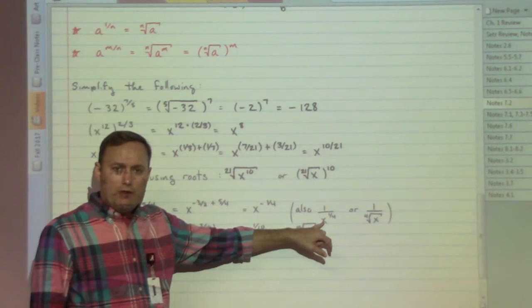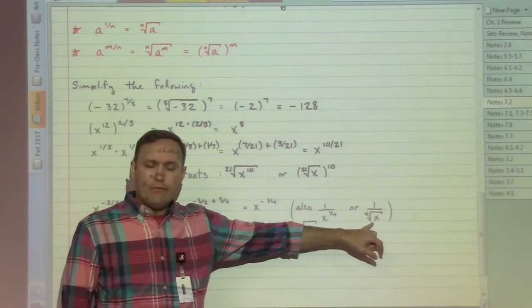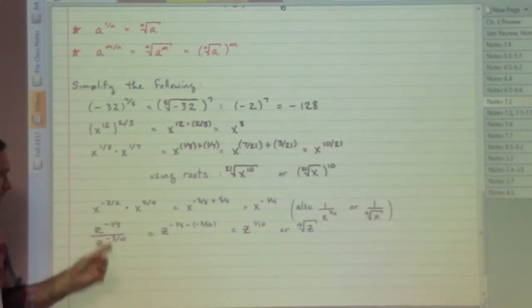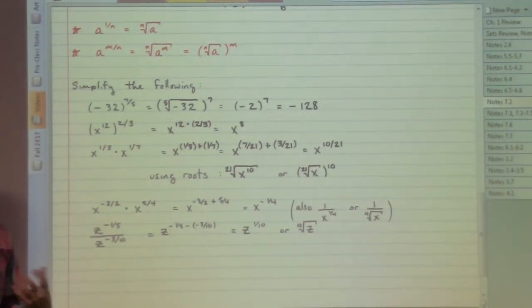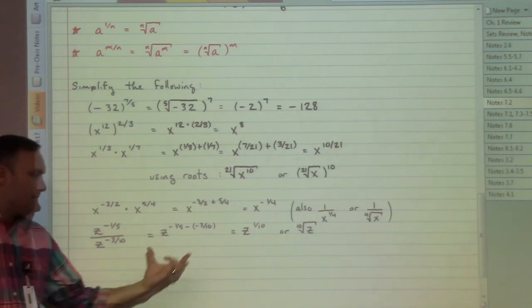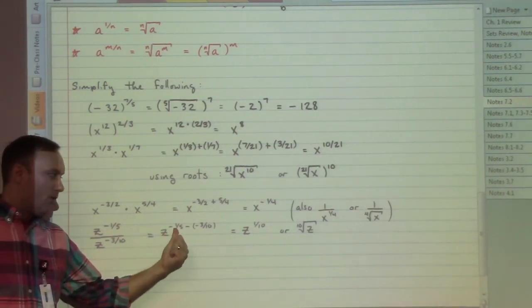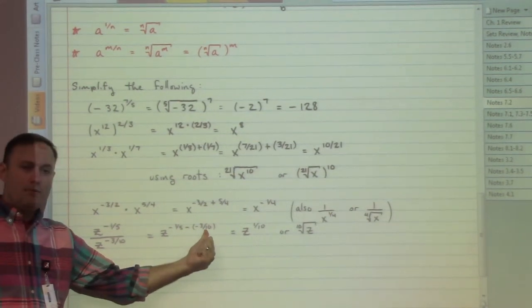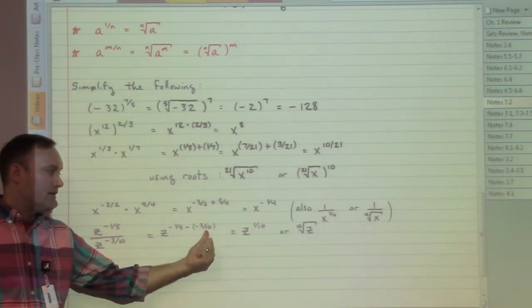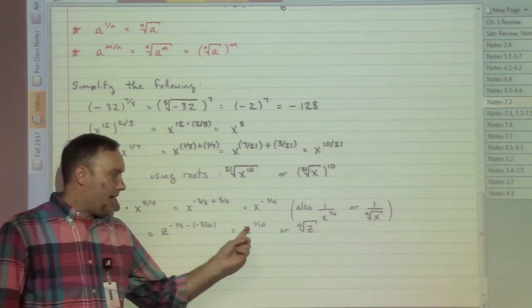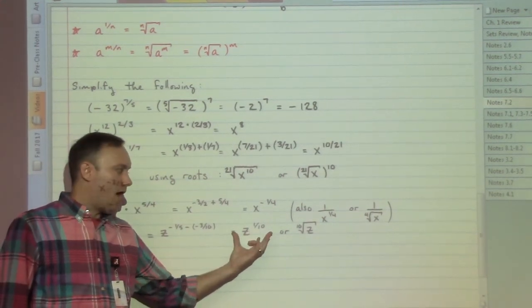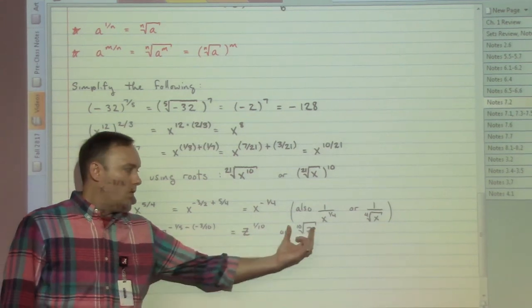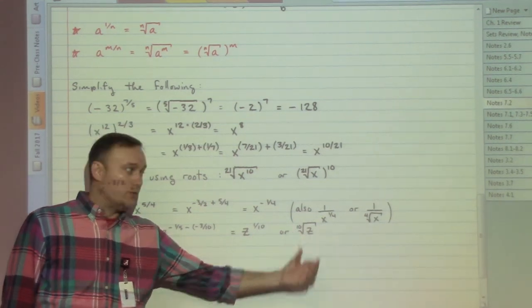If we keep the power there, or if we rewrite that using roots, not just negative powers, but also having a division set up here originally means that we would want to take the power from the top, -1/5, minus the power from the bottom, so minus a -3/10, and simplifying that, and again having the option of either using a fraction power for our answer or rewriting that using a root.